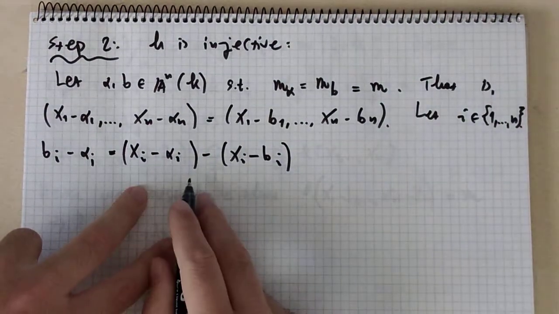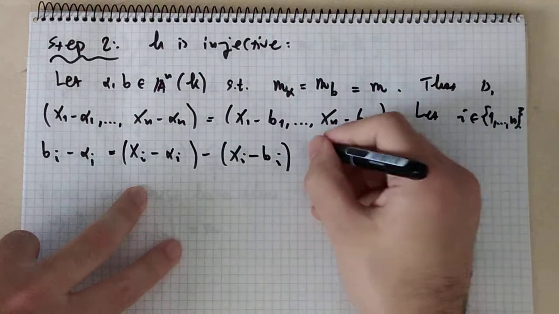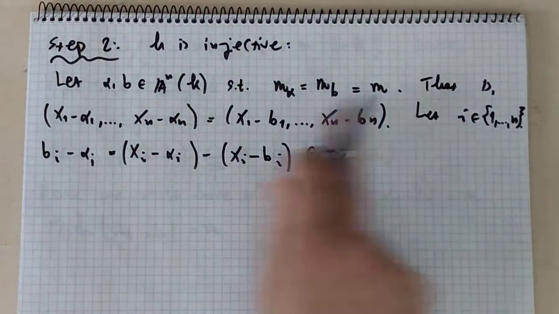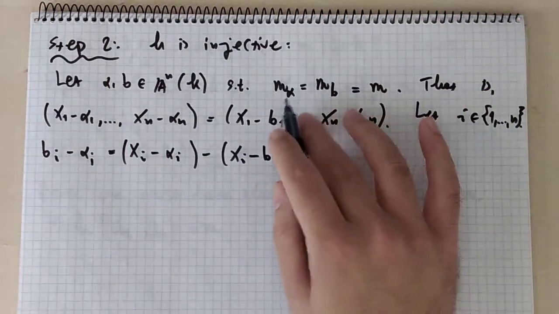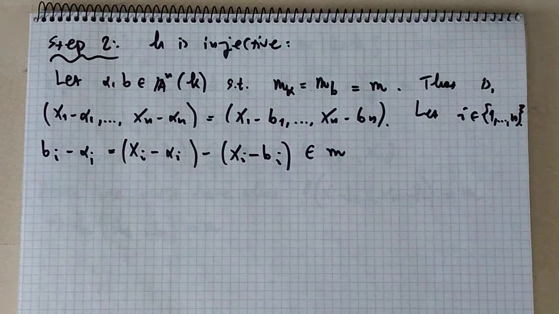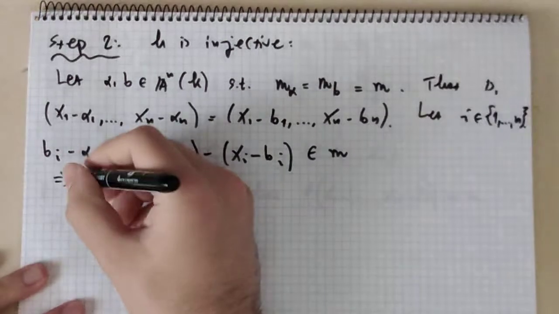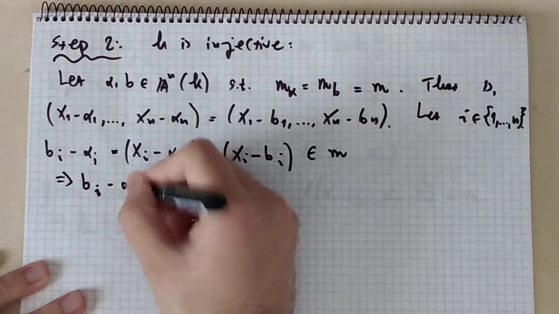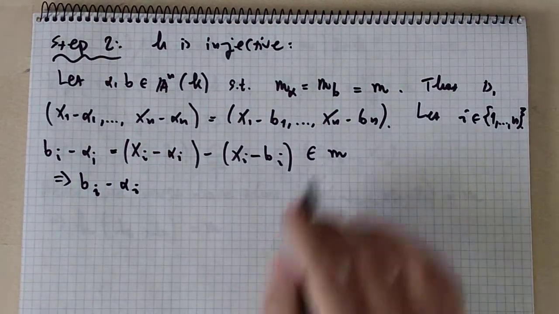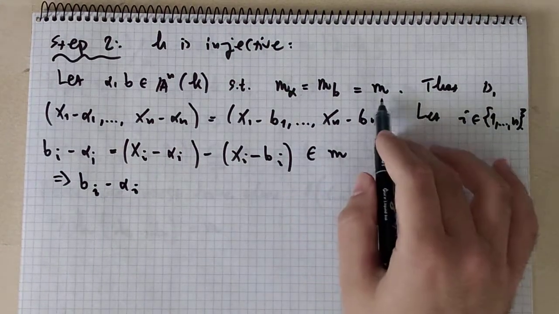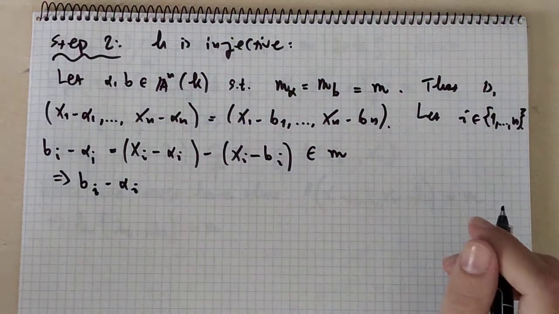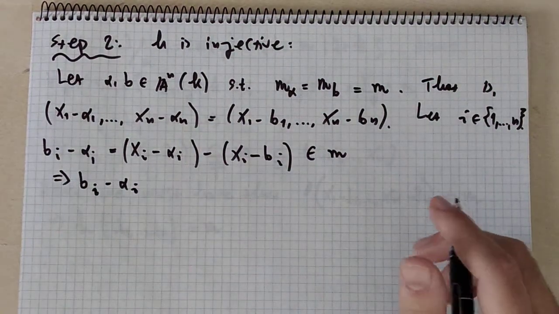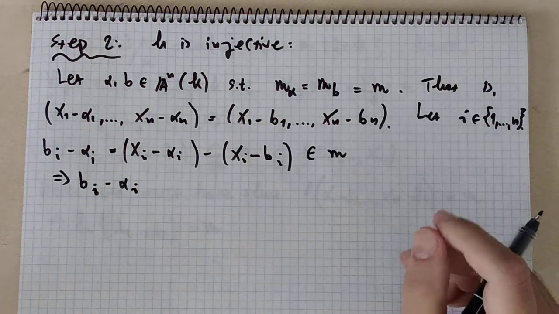But now this thing over here is obviously an element of M, right? Because we have this equality, and we called both of these M. So this implies that bi minus alpha i is in M. M is by assumption a maximal ideal, which means that it cannot contain units, because if an ideal contains a unit, then it has to be the whole ring.